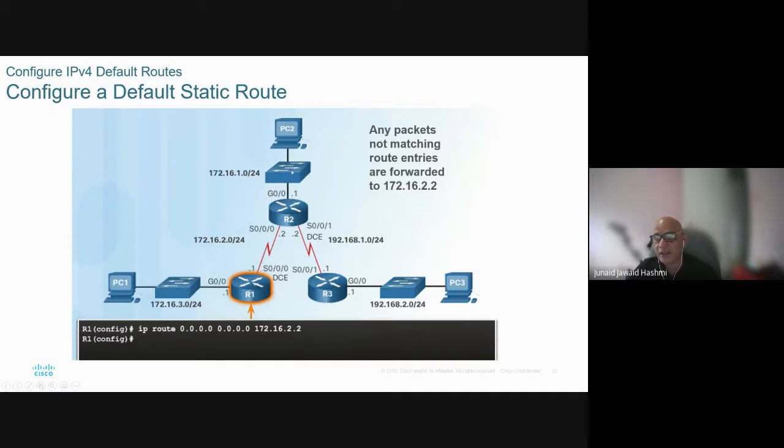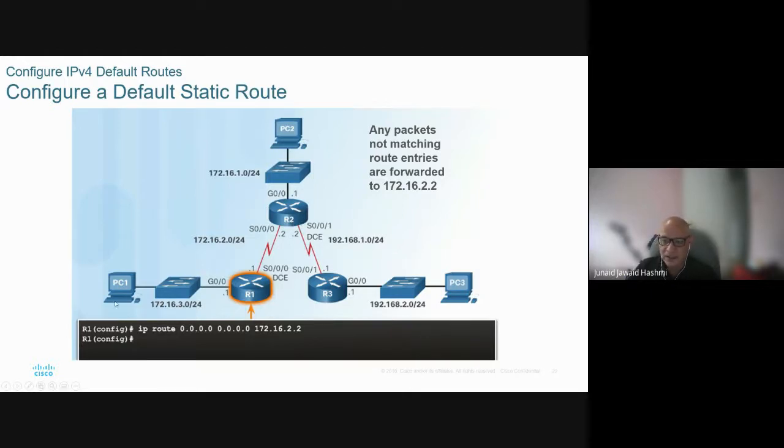We created 3 entries on R1. But instead of creating these 3 entries, we can just create one default route on R1, and it will send every packet. So if PC1 wants to access PC3, R1 will send the packet to R2. Then R2 will take care of it.